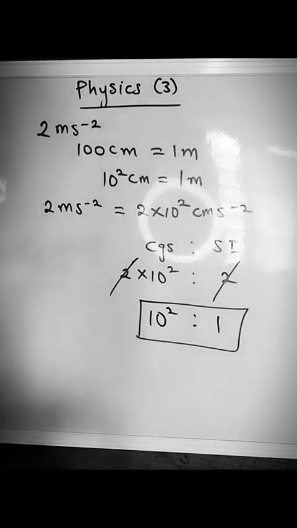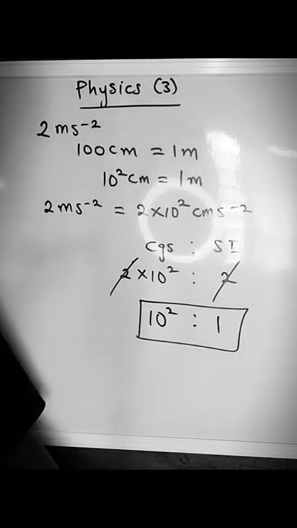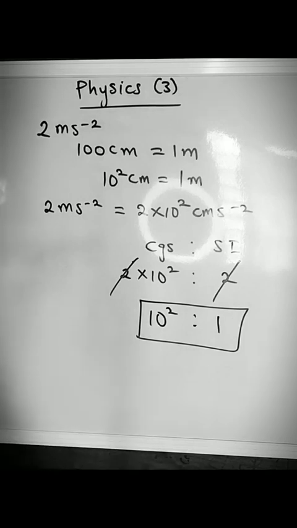Now, this question can also be rephrased as: how many times larger is the unit size in the SI as compared with the unit size in the CGS system for 4 units of acceleration, for 9 units of acceleration, for 200 units of acceleration, for 600 units of acceleration, for 9,000 units of acceleration.